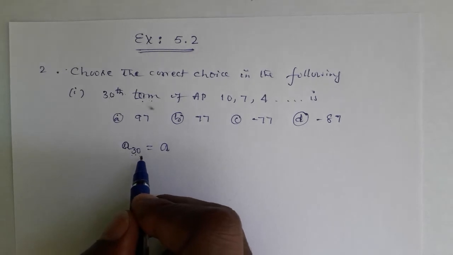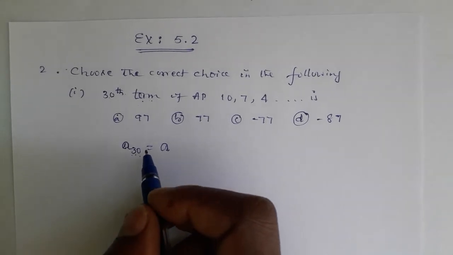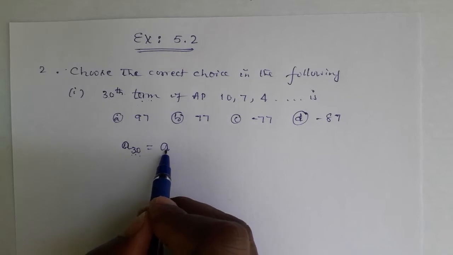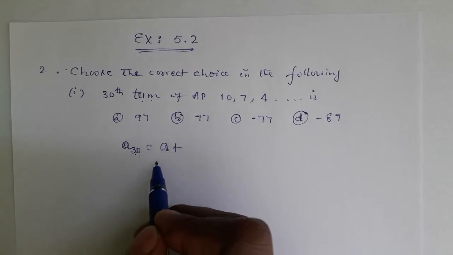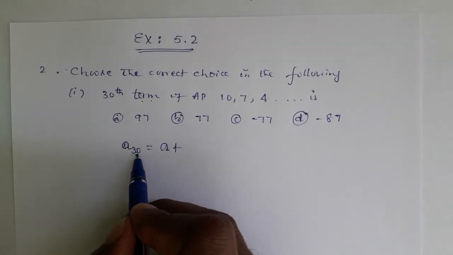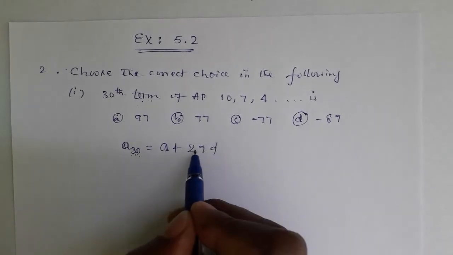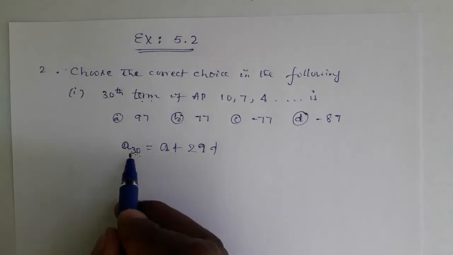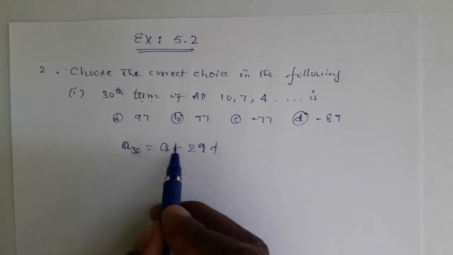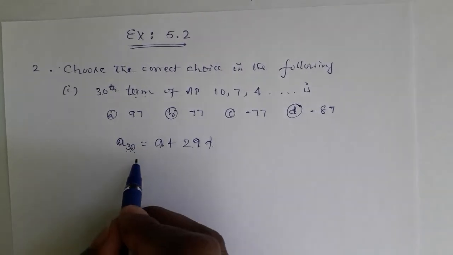Every position term goes to the first term A by taking jumps. The 30th term goes to A by taking 29 jumps, that means 29D. Got it? The 30th term goes to A by taking 29 differences.